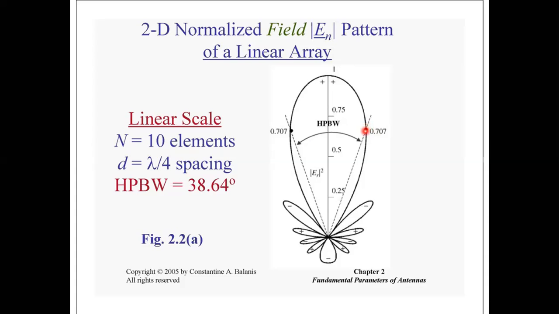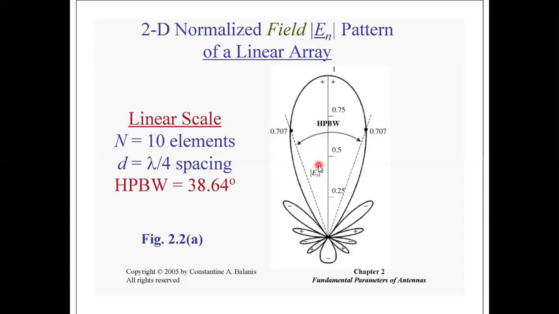Here the power becomes half, and similarly half here. The angular distance between these two half power points is called half power beam width. Now this is the radiation pattern of 10 elements, with spacing between the elements of lambda by 4, and we got half power beam width as 38.64.